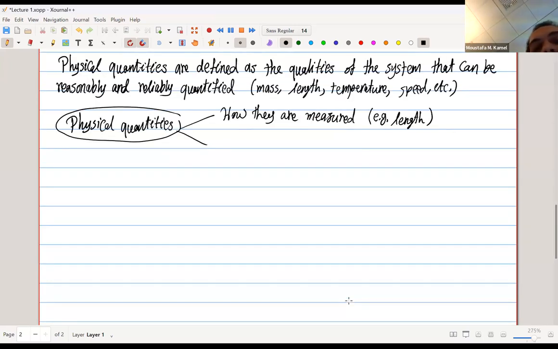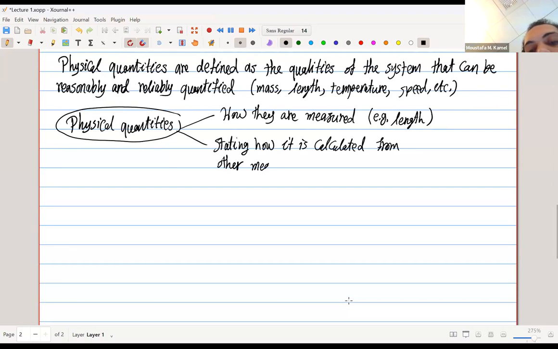Or by stating how it's calculated from other measurements. And this is like speed is calculated as distance over time.